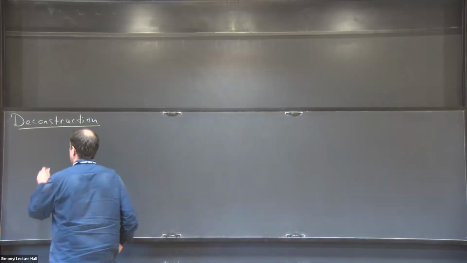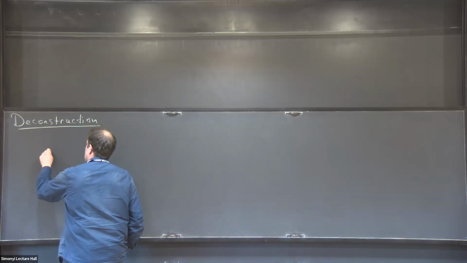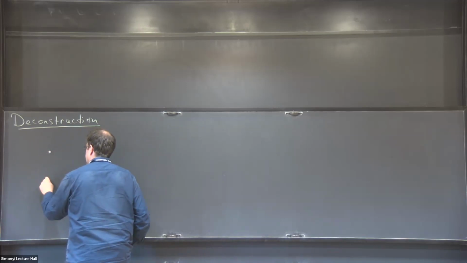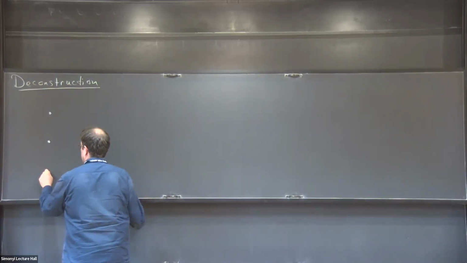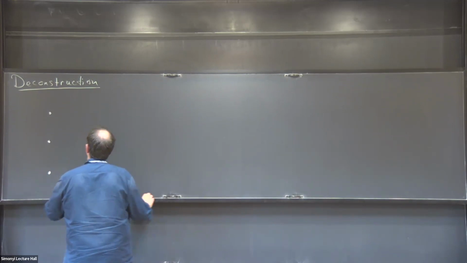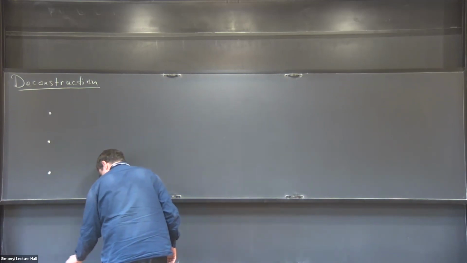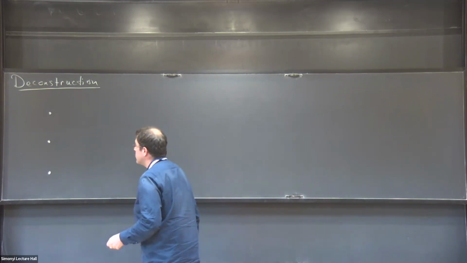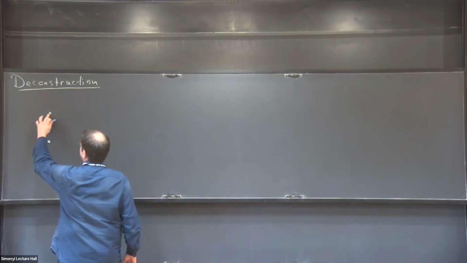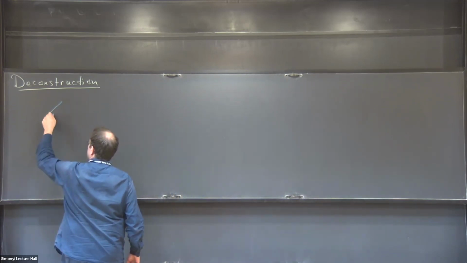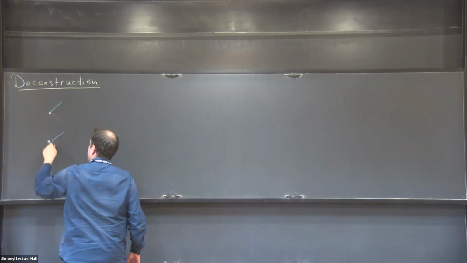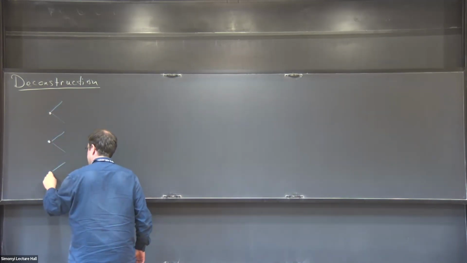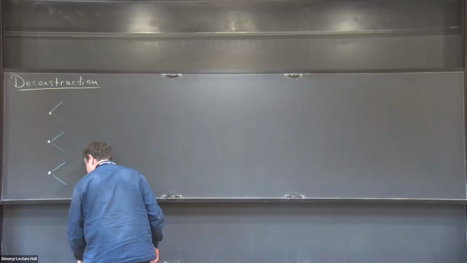So how are we going to do this? Let me draw a bunch of vertices. Here, for example, I have 3 vertices, and I'm going to draw a graph of degree 4. I'm going to give each of these vertices 4 stubs, using 2 different colors.